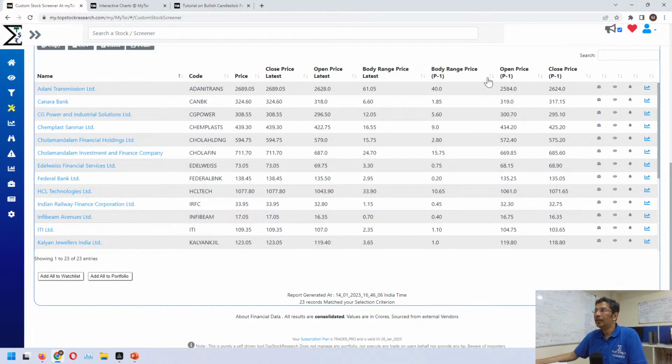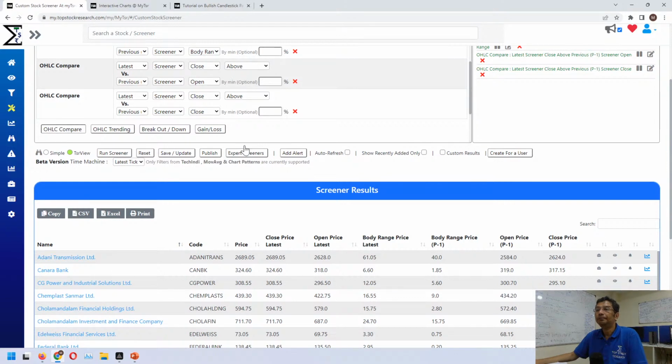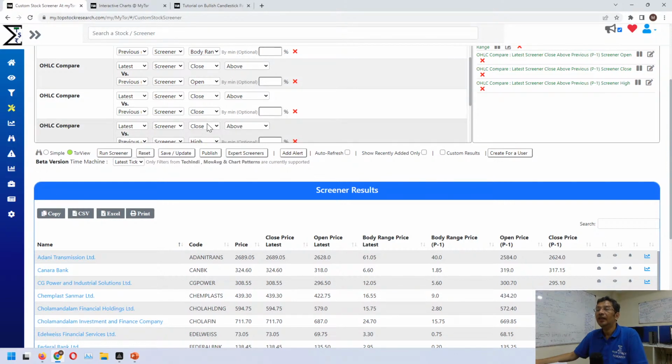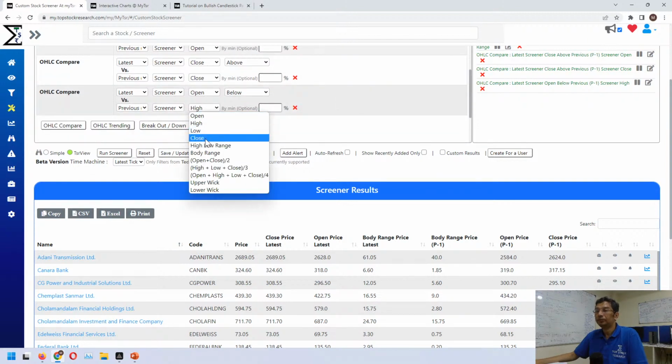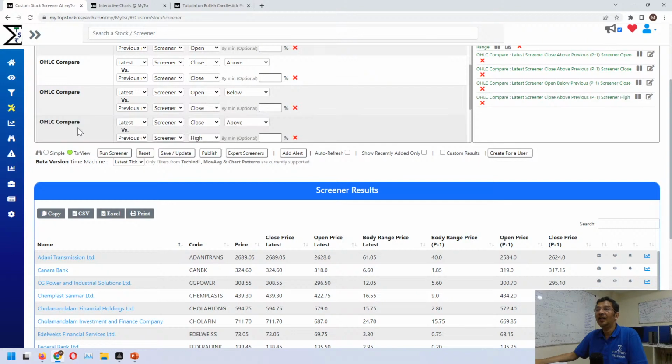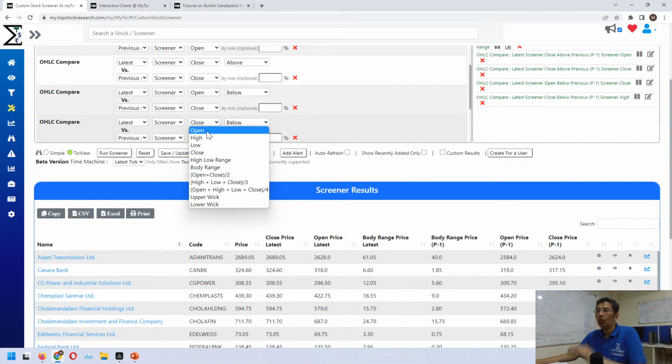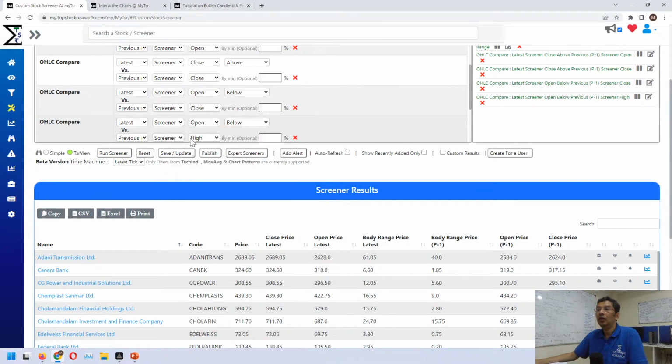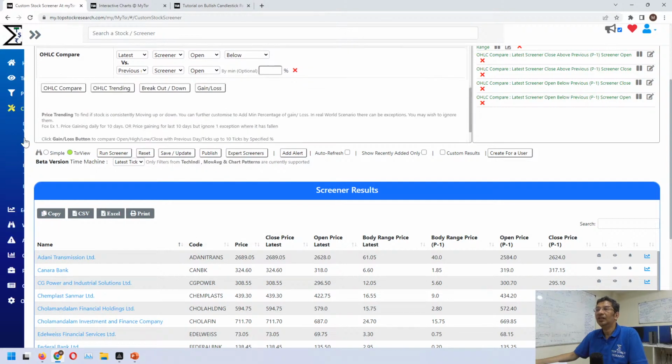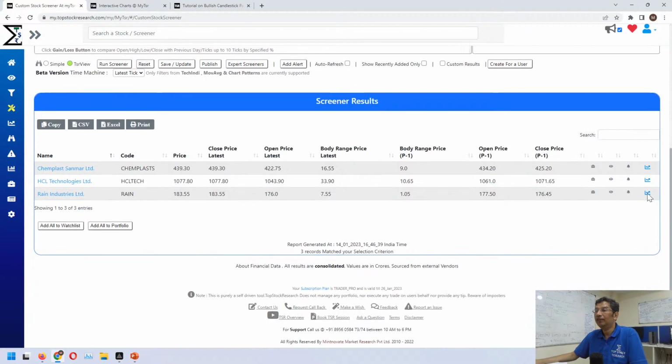Now we want latest day open below previous day close, and latest day open below previous day open, right? So this will typically form a good engulfing.